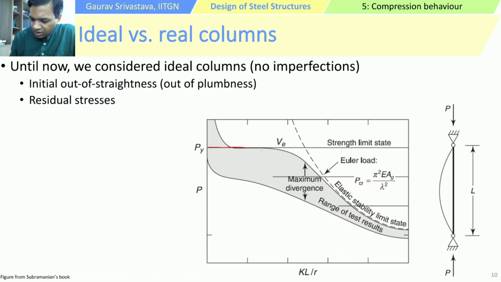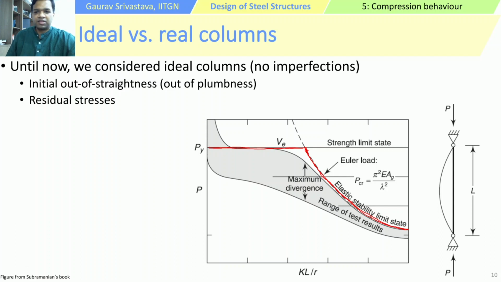First, up to a certain slenderness ratio, yielding is governing, where the yield load is greater than the critical buckling load, and beyond that, the critical buckling load is lower than the yield, so that will govern the failure. So this red outline is the ideal curve that we have developed in the previous session.